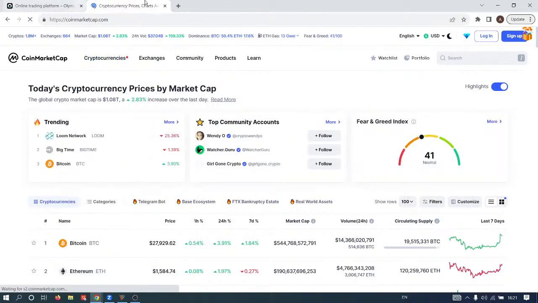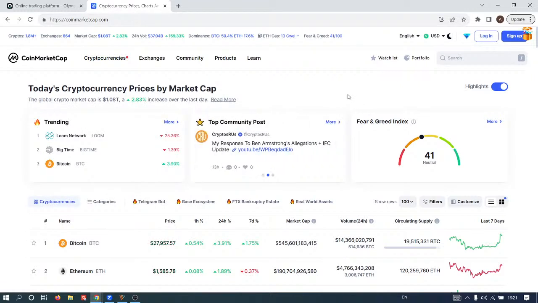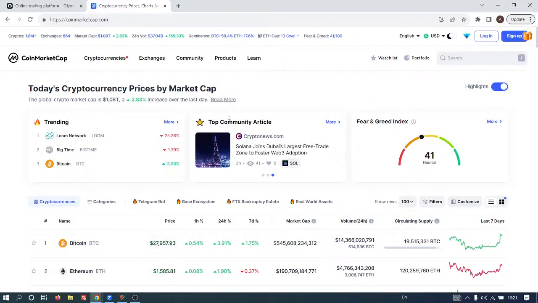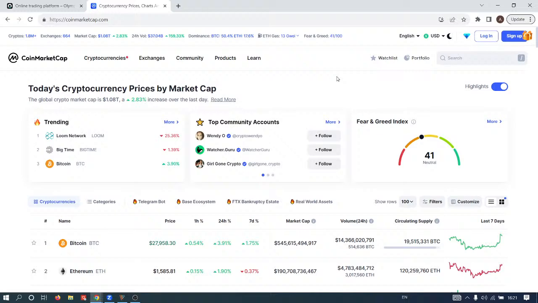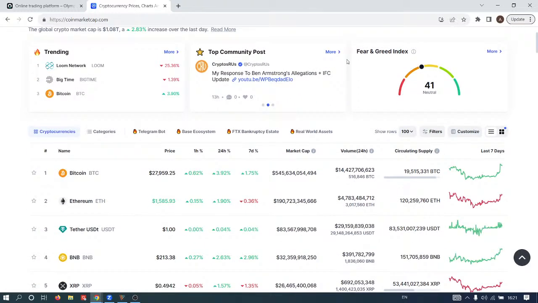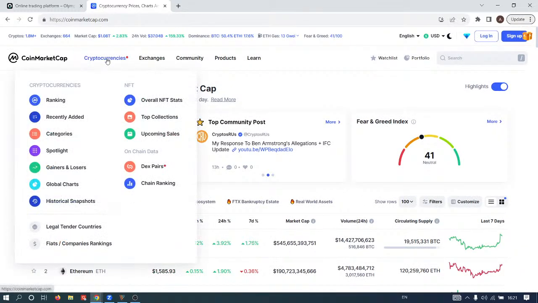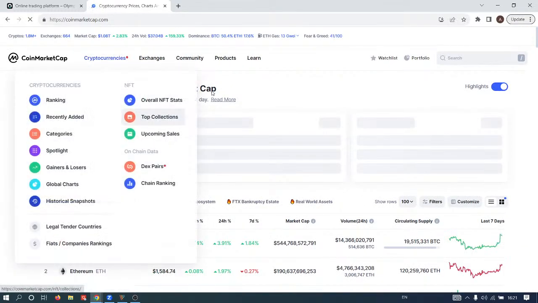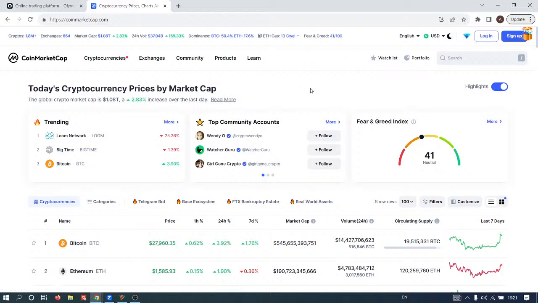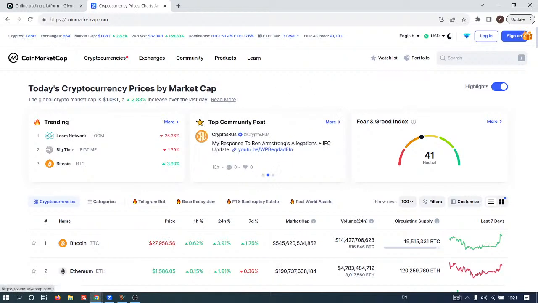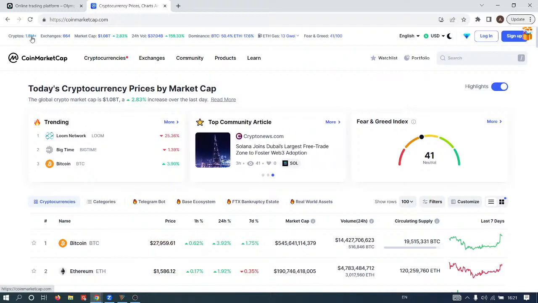So this website, CoinMarketCap, we used to show it a lot when crypto was hotter than it is today. The most interesting point I want to draw your attention to is the total list of cryptocurrencies that can be traded. 1.8 million plus?